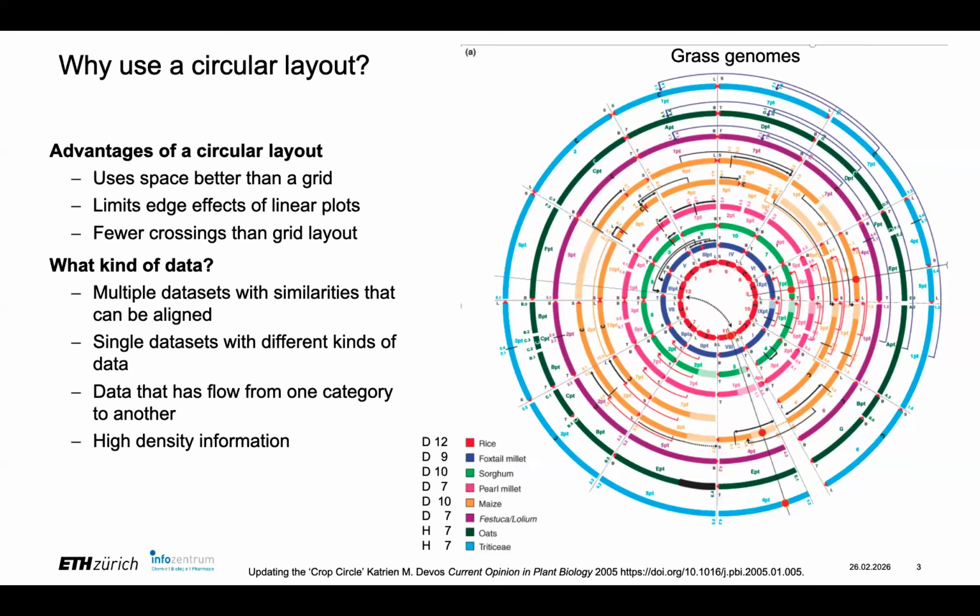So what kind of data can you use with this? Multiple data sets with similarities that can be aligned, and that's what you see here, where I have 8 plant genomes, and they are represented as concentric circles. This kind of plot works well for plant genomes in particular, because rice here is very small, while wheat is a very big genome.